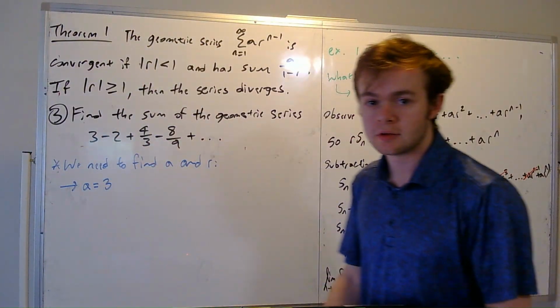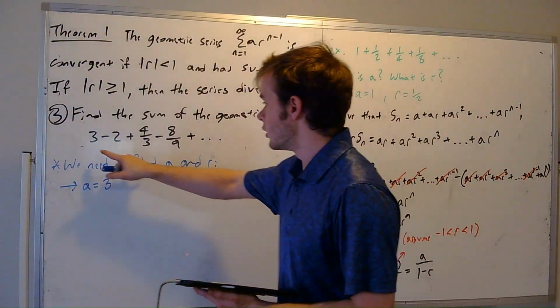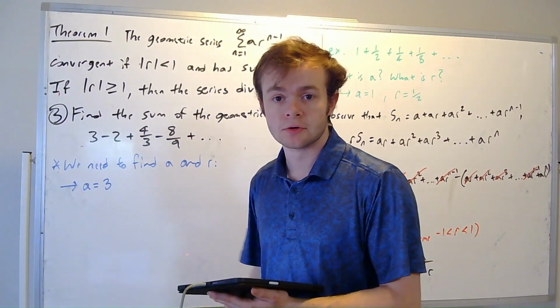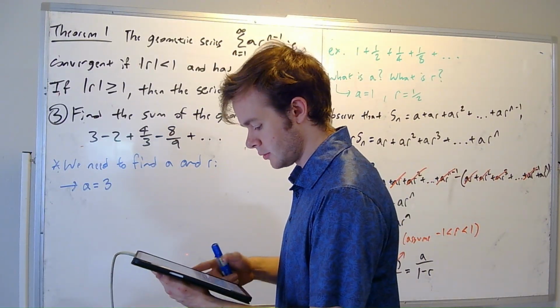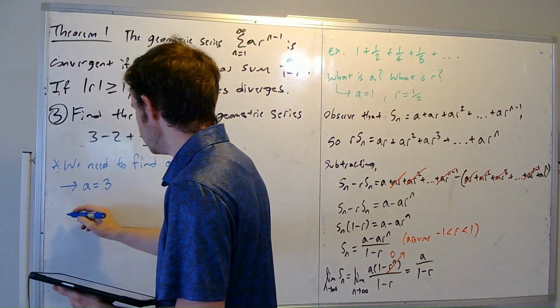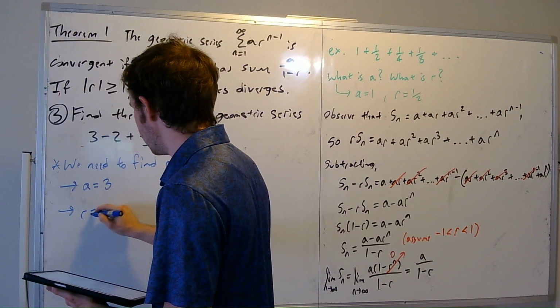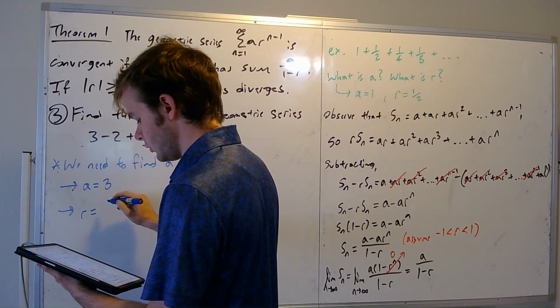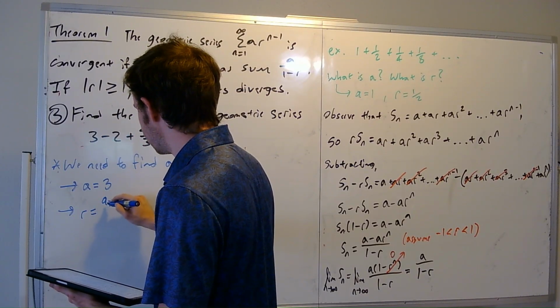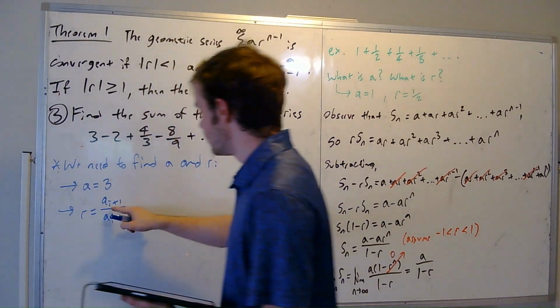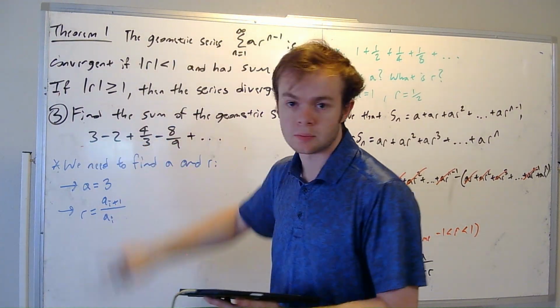And remember what I said, the common ratio, r, whenever we have one term to get to the next term, we need to multiply by the common ratio. So putting that in math terms, r is always going to be equal to a sub i plus 1 over a sub i. Right? It's the ratio between the next term and the previous term.